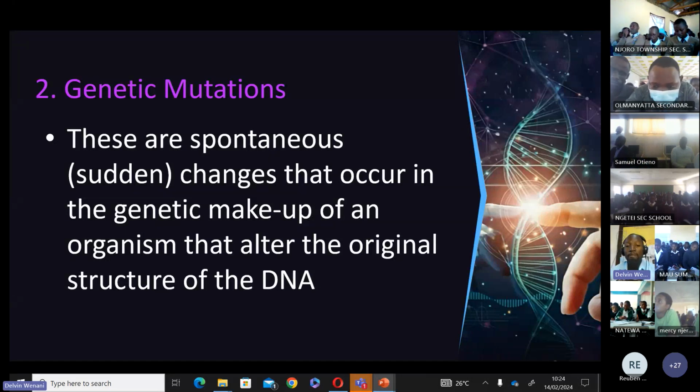At the end of the day, the individual that will be produced will vary from the others. So they will create variations.